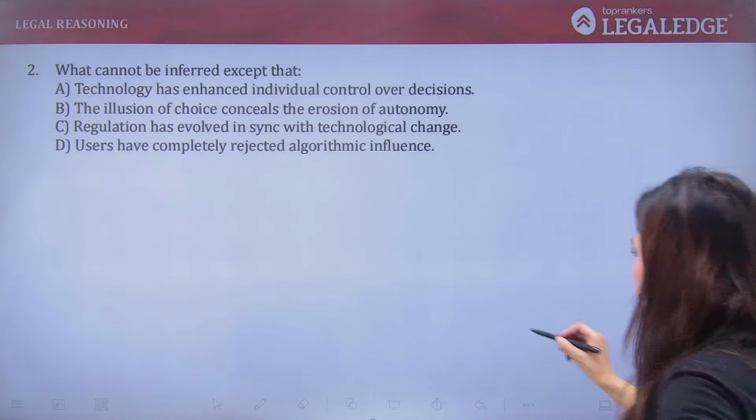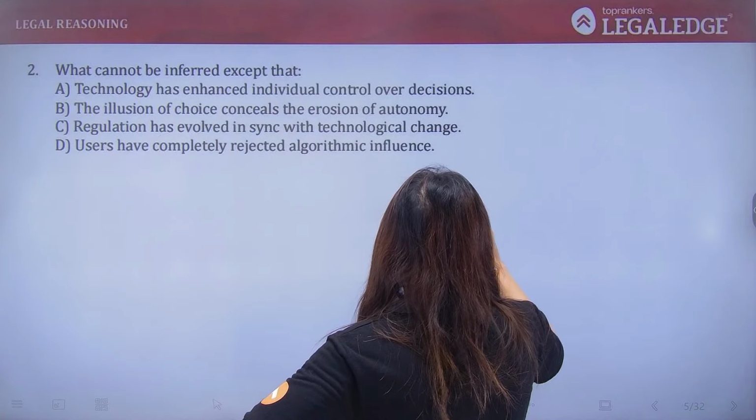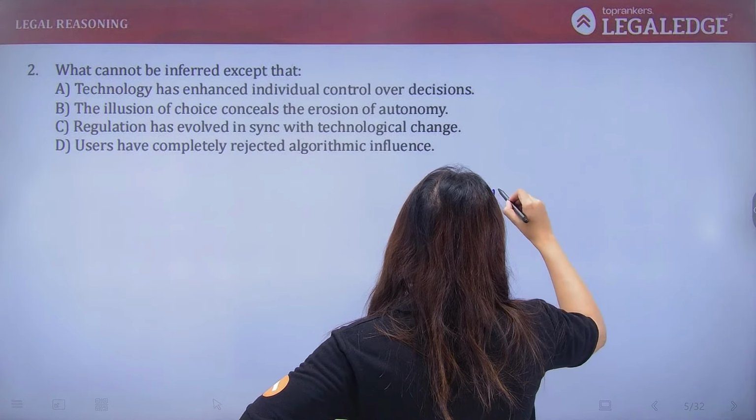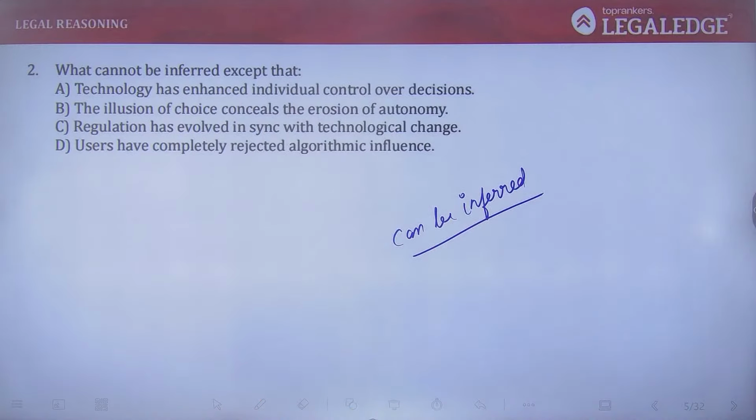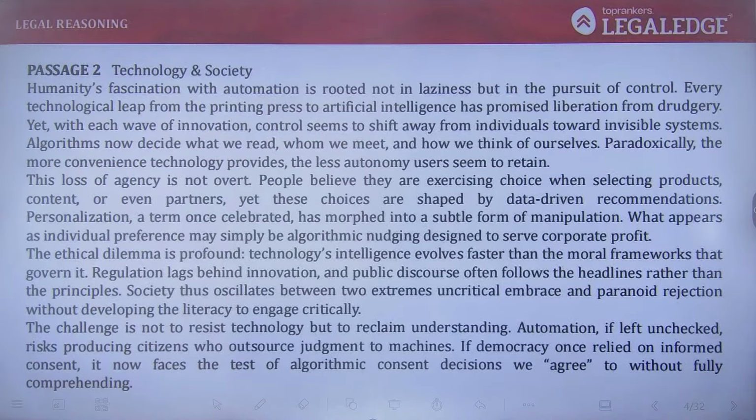Again, you're supposed to identify what can be inferred. It hasn't loaded? Do one thing, take a screenshot of it in that case. Showing you the question now.